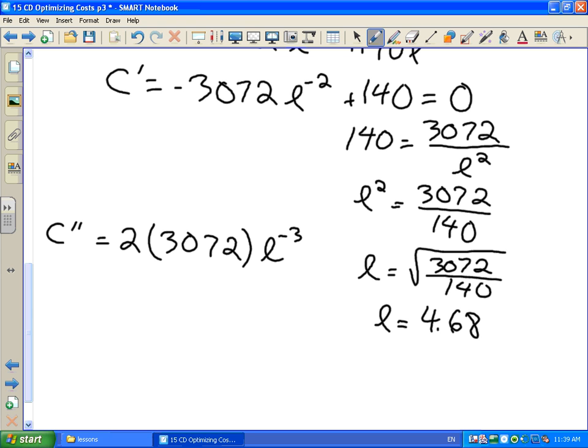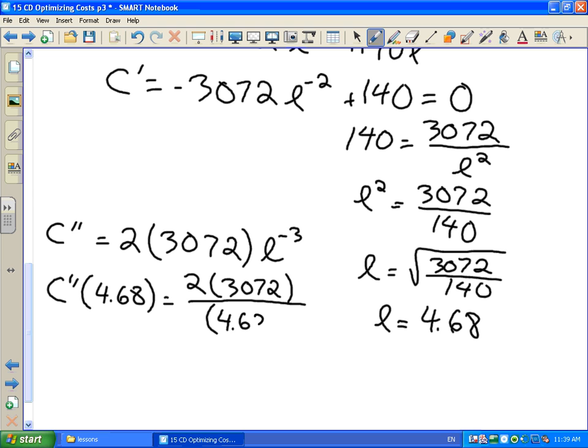And I want to evaluate this at our value of length here. So if I sub in 4.68, I'm going to have 2 times 3,072. Now, I don't know what 2 times 3,072 is. I don't actually care at this point because I'm really not interested in the value here. I'm interested in whether this is positive or negative. So I know the numerator is going to be positive.